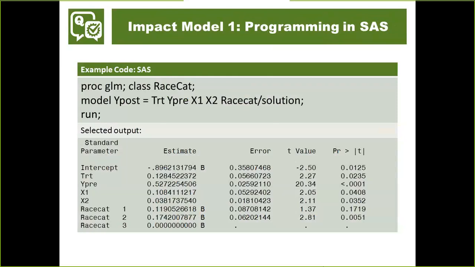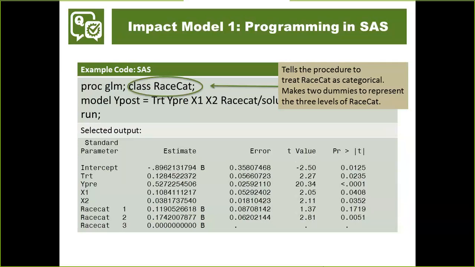The SAS procedure PROC GLM can be used for fitting Model 1 to the example data. There is no natural ordering of the 3 categories of racecat, so we don't want the racecat variable to be used as a linear predictor in this model. Instead, we want our models to include 2 dummy variables to represent the 3 groups. Putting racecat in the class statement tells SAS to create 2 dummy variables to represent the 3 levels of racecat.